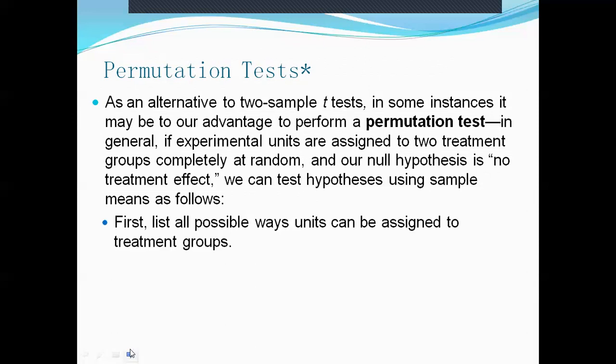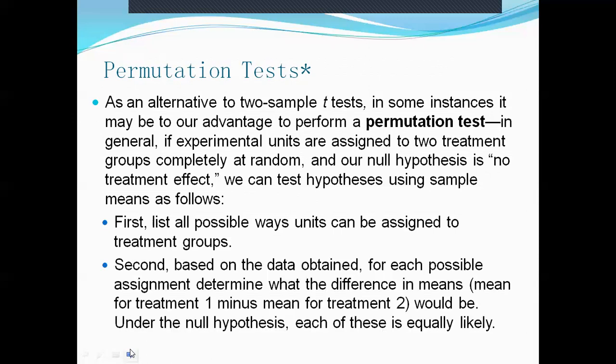First, list all possible ways units can be assigned to treatment groups. Second, based on the data obtained, for each possible assignment determine what the difference in means, mean for treatment 1 minus mean for treatment 2, would be. Under the null hypothesis, each of these is equally likely.